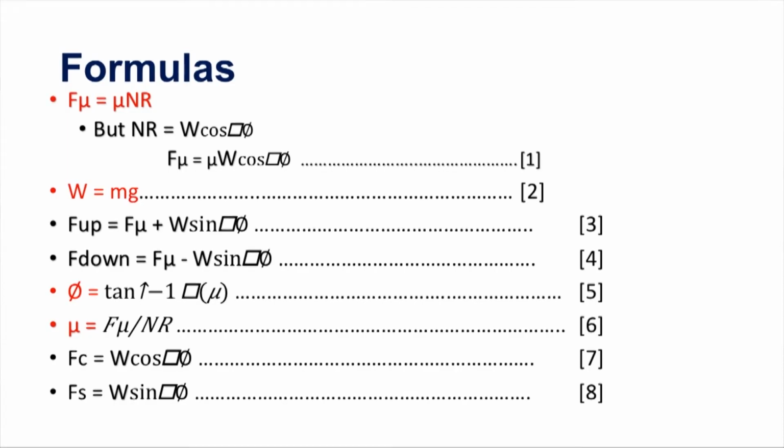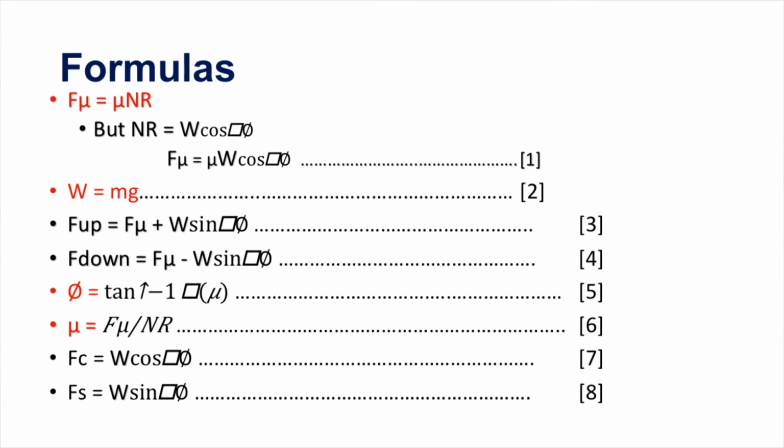Here are our formulas. We have your frictional force, which is the coefficient of friction multiplied by your normal reaction, but your normal reaction is equal to W cos theta, which means that your frictional force will be equal to the coefficient of friction multiplied by W cos theta. Take note of that equation.